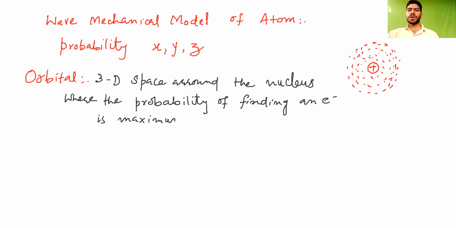That is called the orbital. How much maximum? It is 90 to 95%. So that is called the orbital.